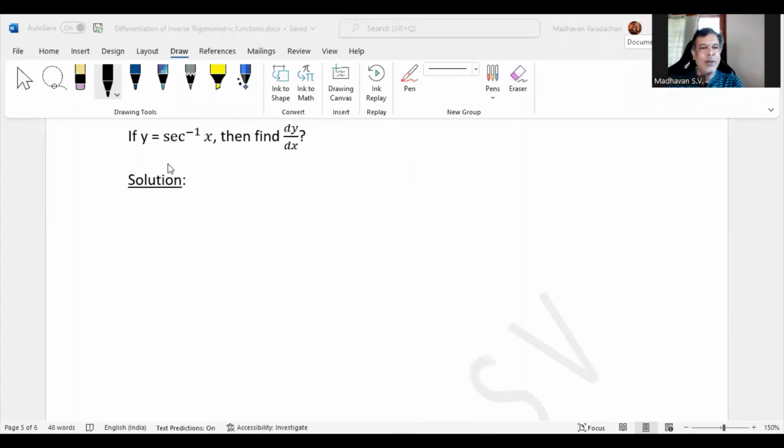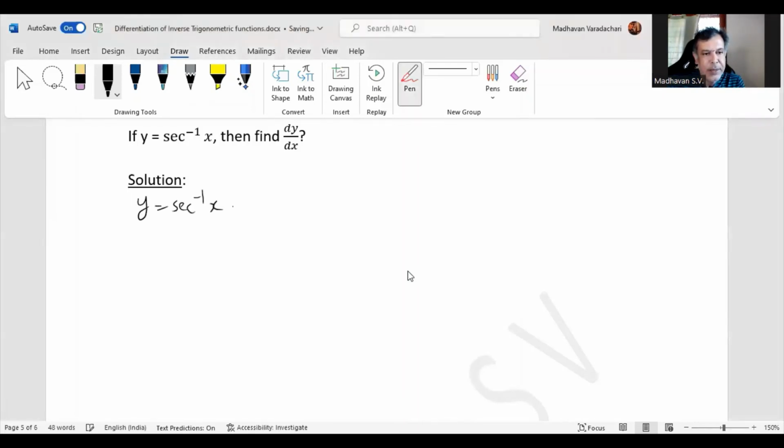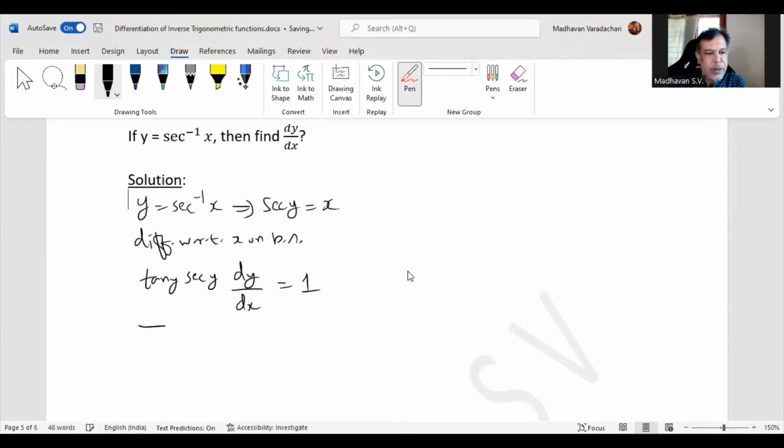If y is equal to secant inverse of x, then find dy by dx. So y is secant inverse of x, which means secant y is x. Now differentiating with respect to x on both sides, if I differentiate secant y, it is tan y secant y multiplied by dy by dx is equal to 1, which means dy by dx is 1 divided by tan y secant y.